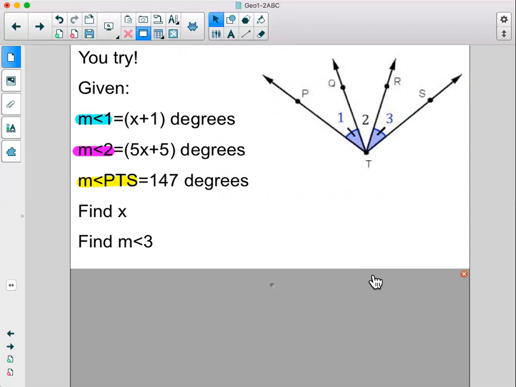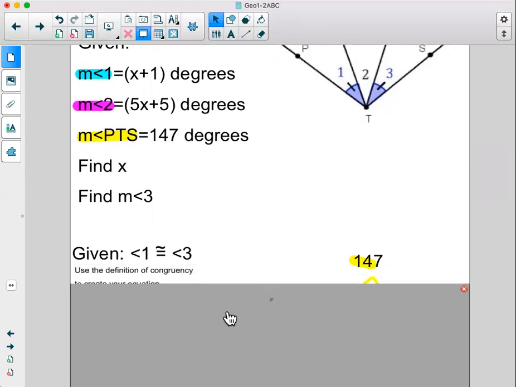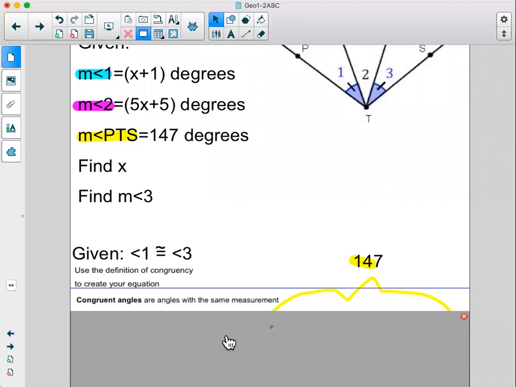Now this one took a little bit of logic and thinking things through. This time they want us to find x and then the measurement of angle 3. Now the key to this problem is noticing that angle 1 and angle 3 have the same scratch marks on them. That means that angle 1 and angle 3 are congruent to each other. And we know the definition of congruency tells us that if they're congruent angles, they have the same measurement.